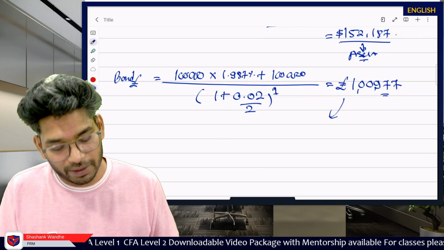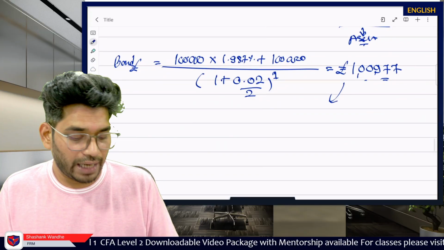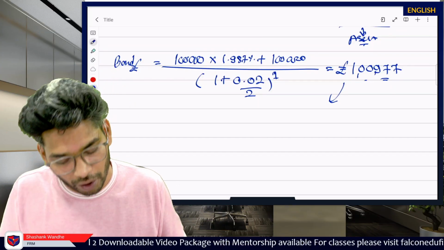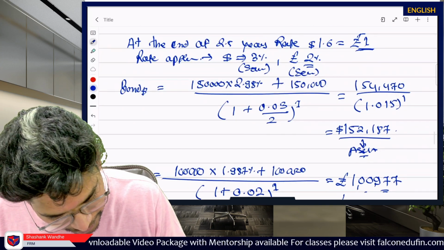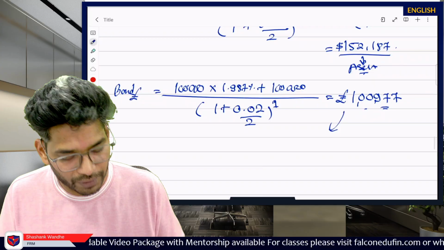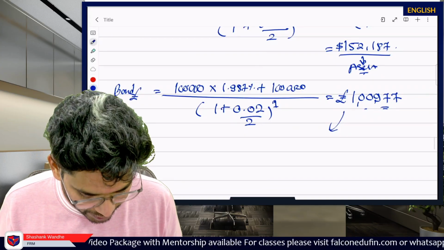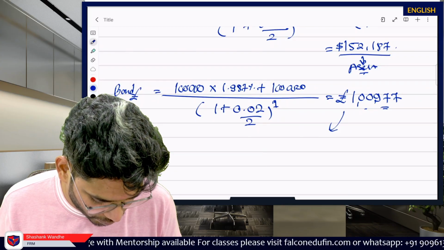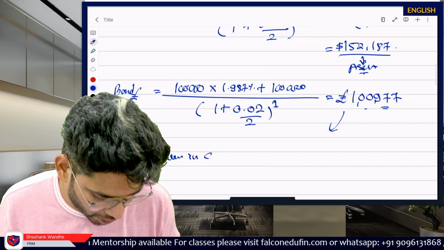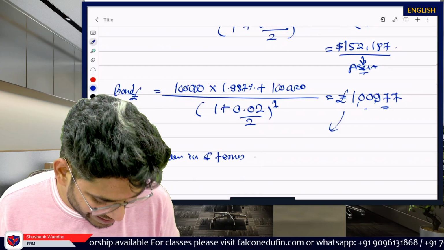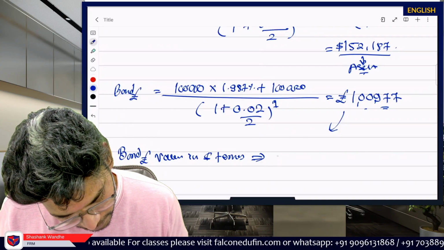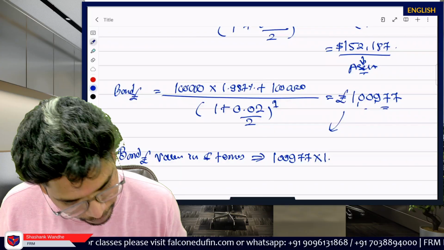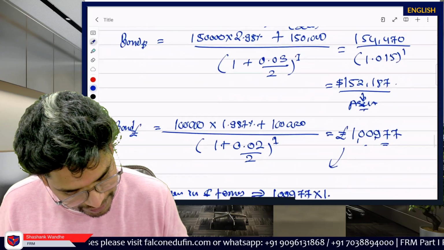Again, the problem is that because this is the pound side and we want to compare it with the dollar side, you have to convert it into the dollar, but using the current rate. And what is the current rate? The current rate is 1.6. So using the 1.6, the bond pound value in dollar terms is equal to 1,00,977 multiplied by 1.6.